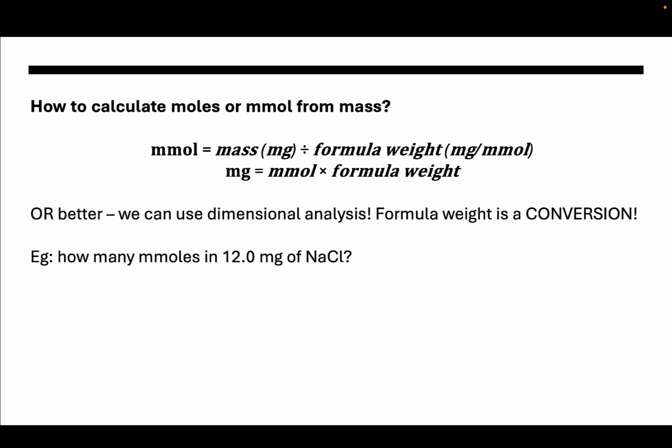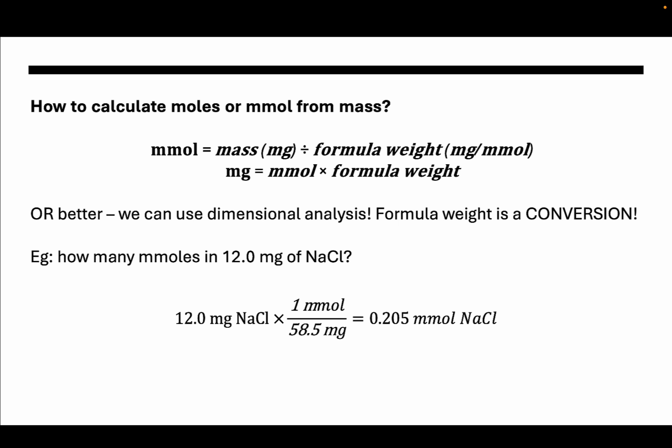So let's look at this question. How many millimoles in 12 milligrams of sodium chloride? We should have enough information to get this because we know the total mass, 12 milligrams, and we know that what we're dealing with is sodium chloride, and we know the formula mass is 58.5 milligrams per millimole. So we start with what we know, 12 milligrams, and multiply it by 1 millimole over 58.5 milligrams.